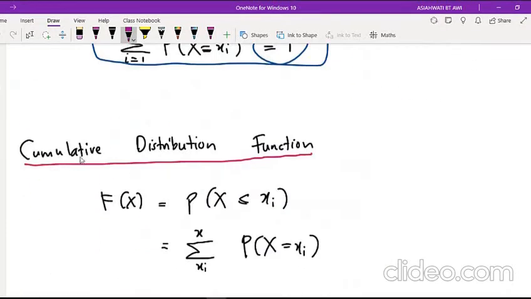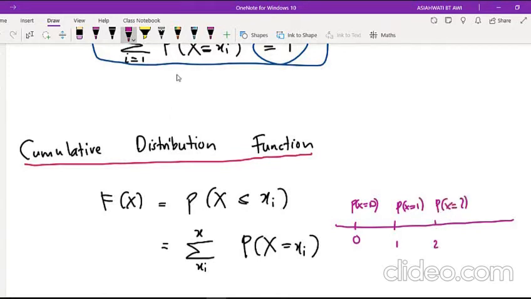For the cumulative distribution function, represented by capital F of x, the probability when X is less than or equal to xi is the total of the probabilities for each xi. This is a number line. This is the probability when X equals 0, 1, 2.